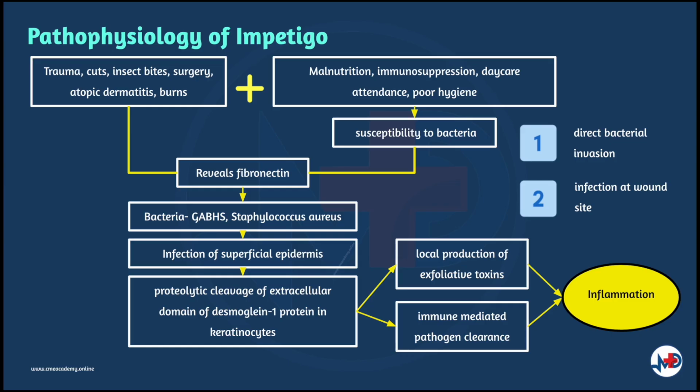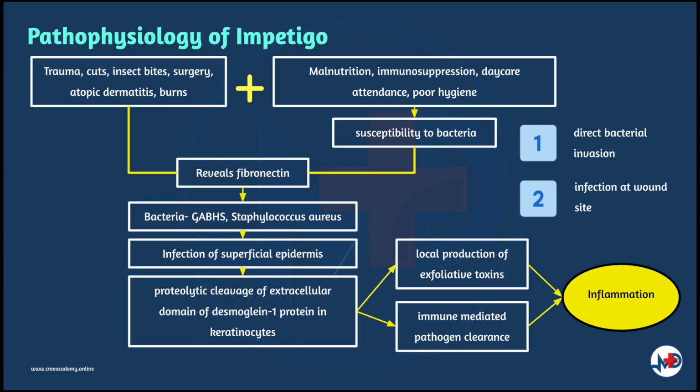Any breakdown in the skin due to trauma, cuts, insect bites, surgery, atopic dermatitis, burns, and varicella reveals the fibronectin providing access to bacteria leading to infection of the superficial epidermis. There will be proteolytic cleavage of the extracellular domain of desmoglein 1 protein in keratinocytes, which functions to maintain cell adhesion. As a result, there will be lesions, which is known as impetigo.